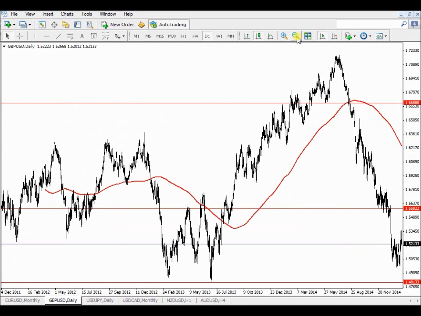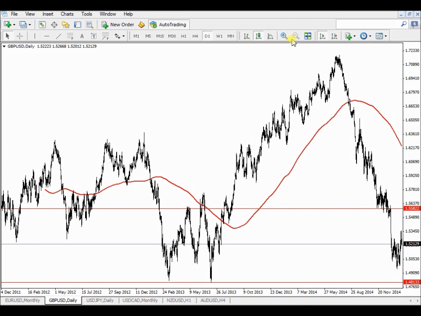A moving average is an indicator that is on your chart. It's not at the bottom here. It is on your chart between the candles. Now this is a 200-day moving average, and that simply means that the moving average is plotting every 200 candles of the daily chart. I use only one moving average: the 200-day moving average on my daily.